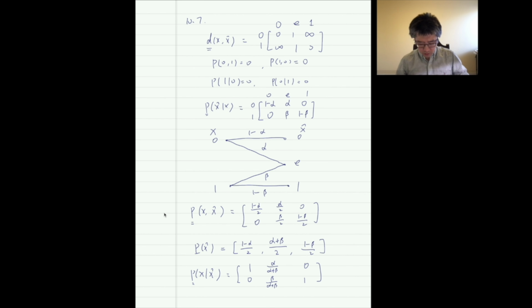So with all of this, we can compute the rate distortion function. The mutual information I of x hat equals H of x minus H of x given x hat, and we know H of x is 1.